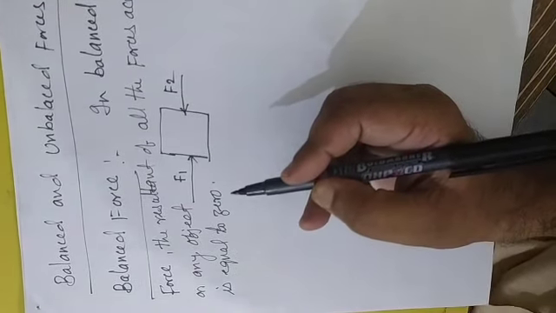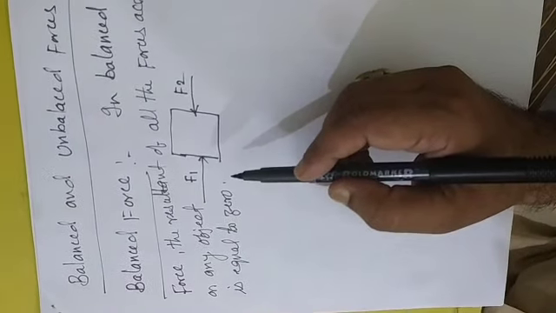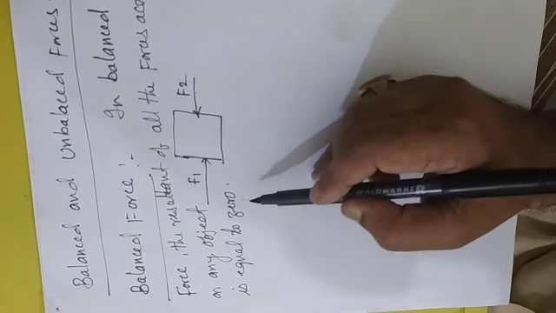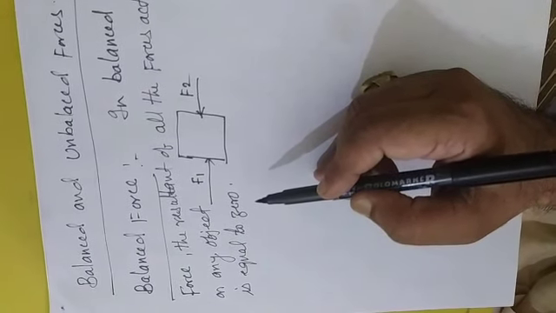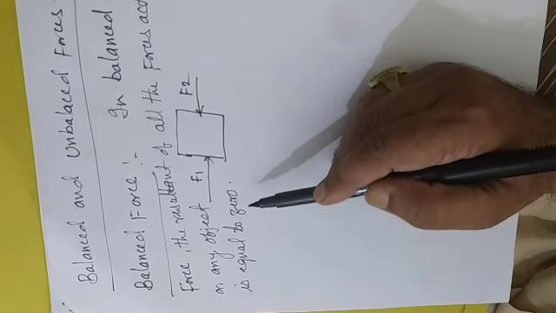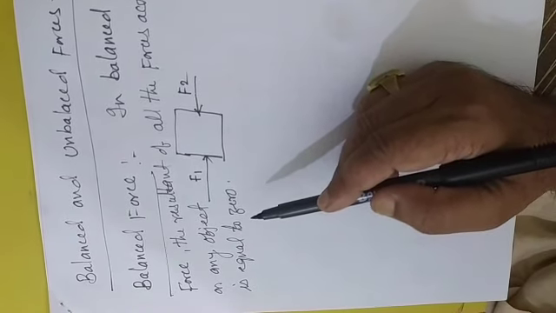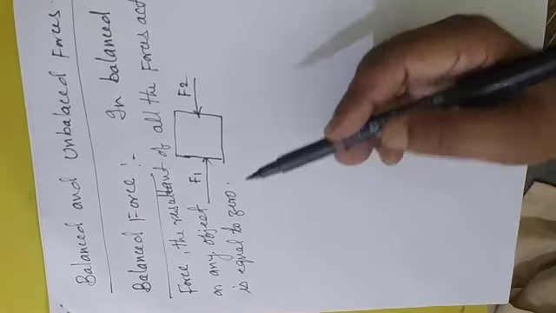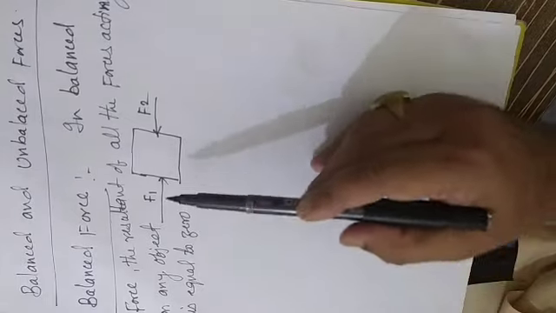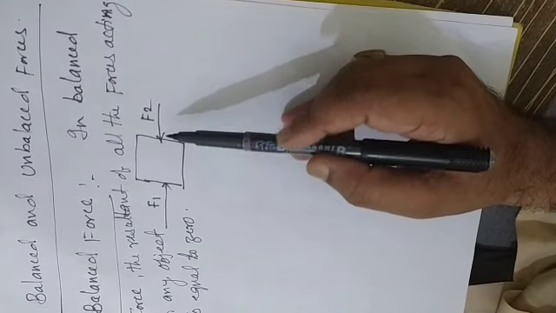It means all the forces are able to neutralize the effect of each other. If balanced forces are acting on any object, then we get the result as zero. It means both counterbalance the effect of each other.